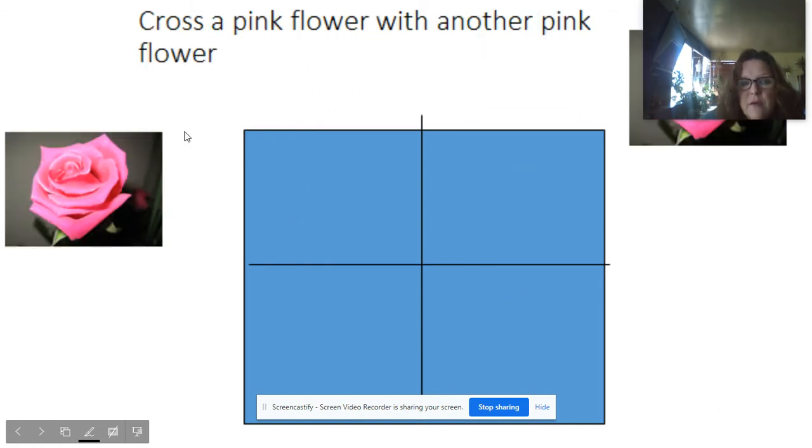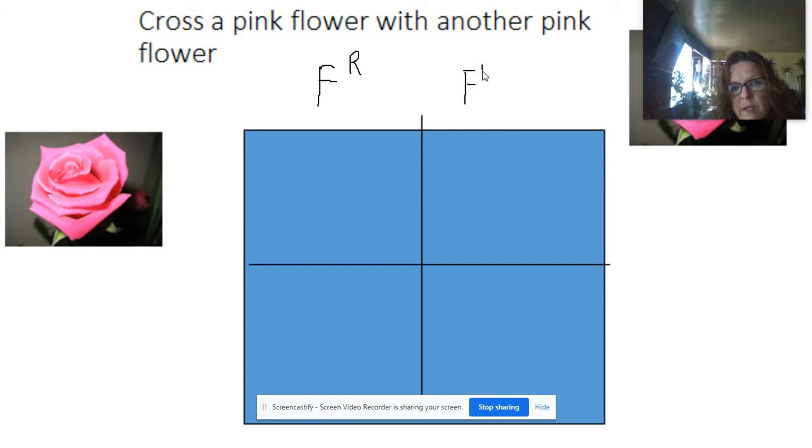Now let's take those pink flowers that we've crossed and cross them with another pink flower. So here's my flower. And remember, it's going to have a red allele and also a white allele, one of each, and that's what's making it pink. And I'm going to cross it with another pink flower with the red allele and the white allele.